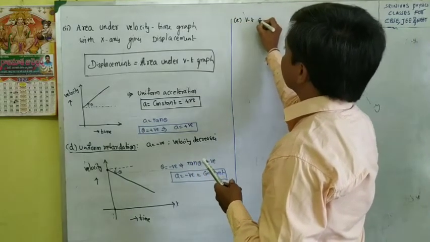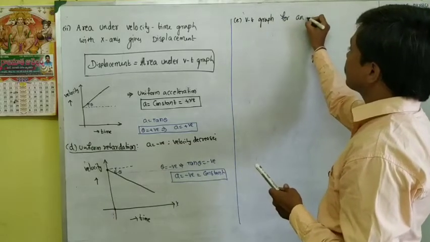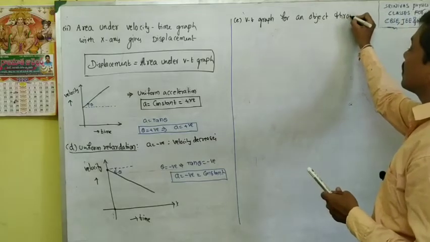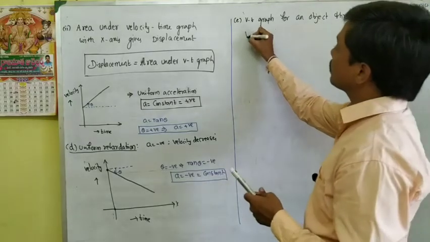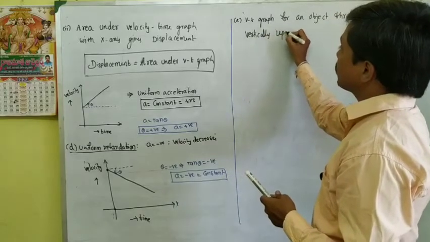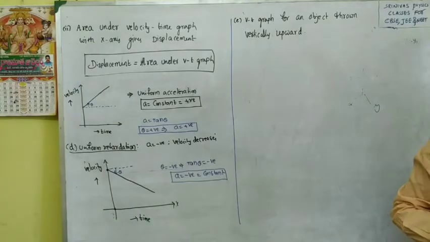The VT graph for an object thrown vertically upward. If you throw any object vertically upward, how will we get the velocity time graph?